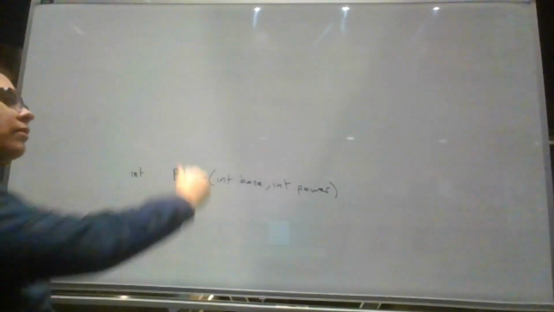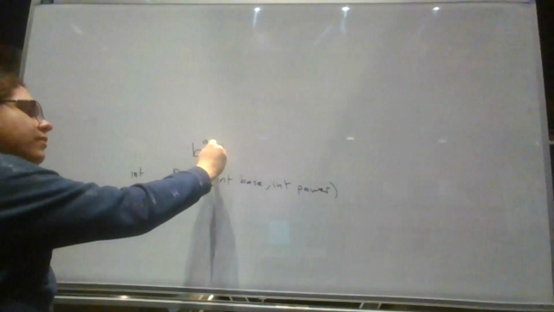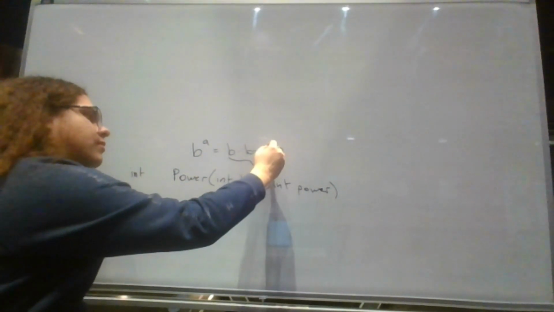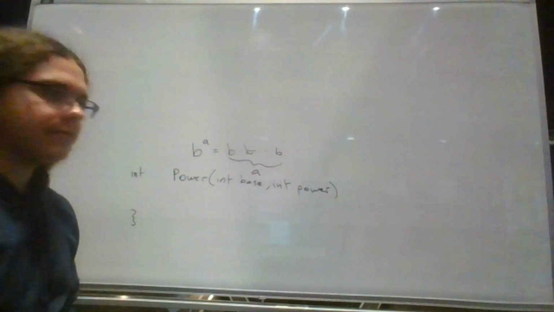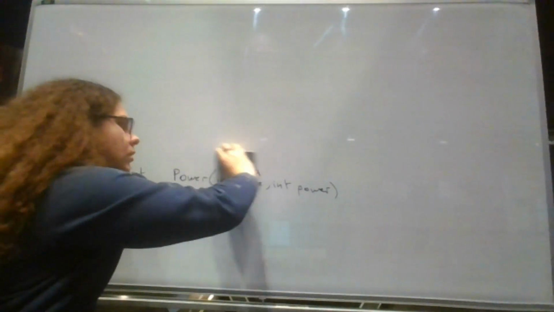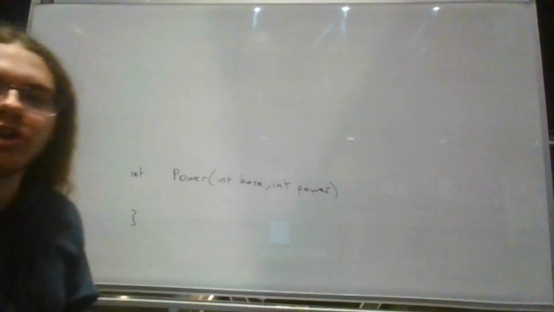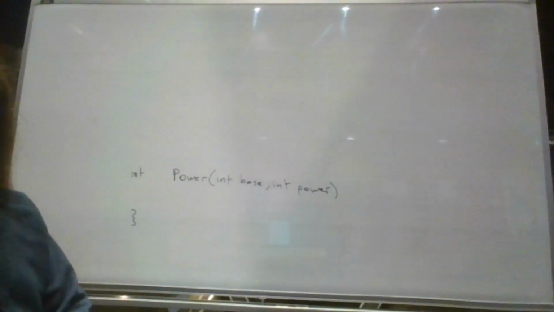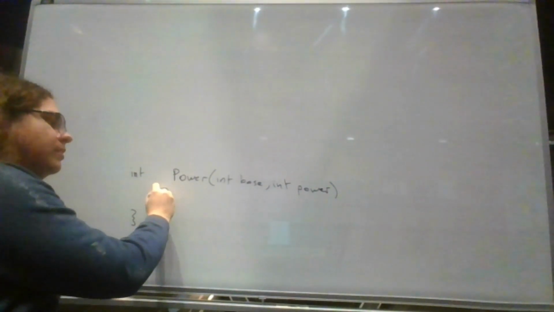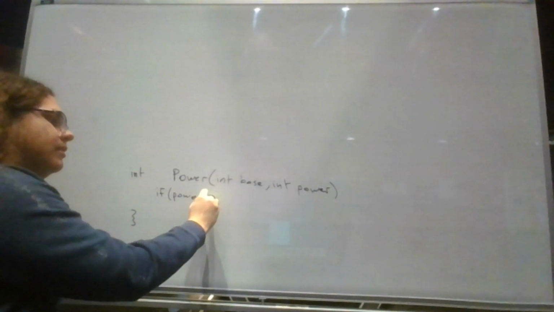Recall that for any base b to the power a, that's the same thing as b times itself a number of times. And just to make it quicker, I'll go through the actual code of deriving the C code. We have a base case, and the base case is going to be if the power is 0.